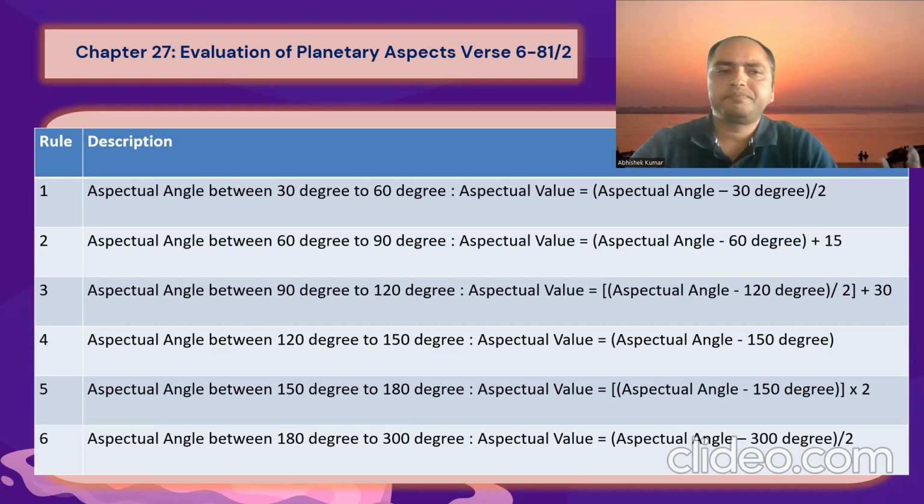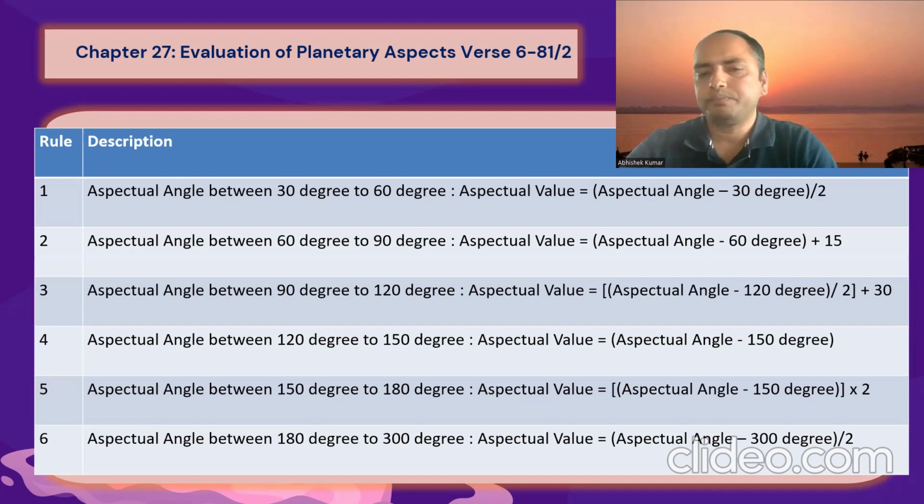So you got a chart. You are now able to find out the aspectual value. You have the longitude of the planet who is the aspector, and the longitude of the planet who is aspected. Through the difference, you get the aspectual angle, and according to the value of the aspectual angle, you apply this formula, and then you will get the aspectual value.